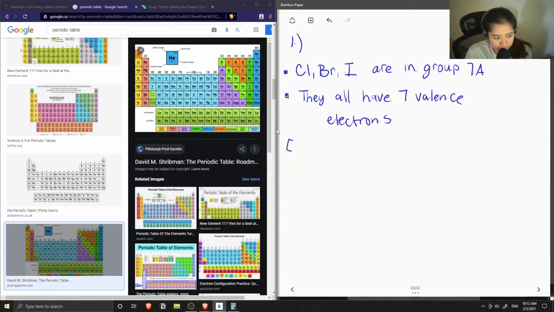So for example, if we were to draw chlorine, it has the atomic number 19, I believe. That means if it was a neutral chlorine atom, then it would also have 19 electrons.